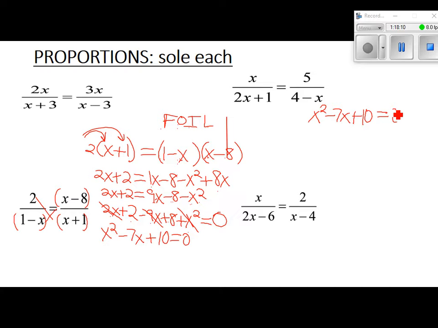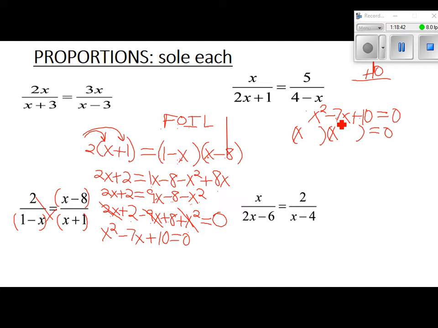Now what we got to do with this trinomial is factor it. We look at the first term, x squared, and you should know that x squared breaks into x and x. Then we look at the last term, which is plus 10. We want two numbers that multiply together to give us a positive 10, and added together give us that middle term, which is negative 7.